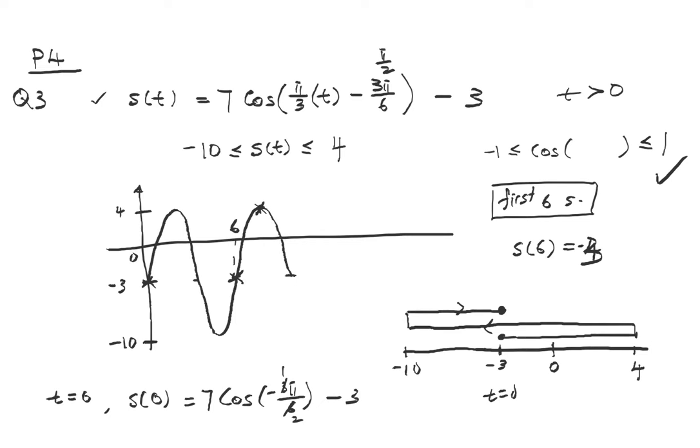So the best way to draw the motion diagram for kinematics, correct? This is called motion diagram. Refer to the graph. So you will know the total distance traveled. So from here to here, 7.